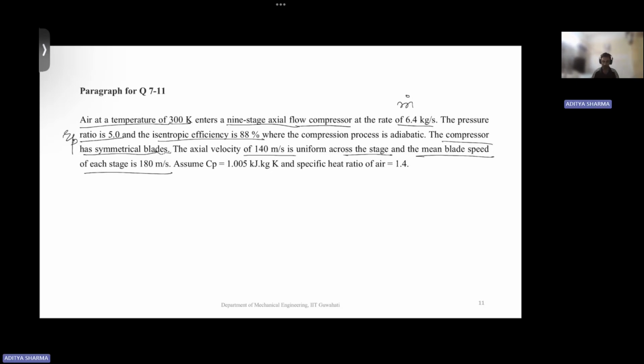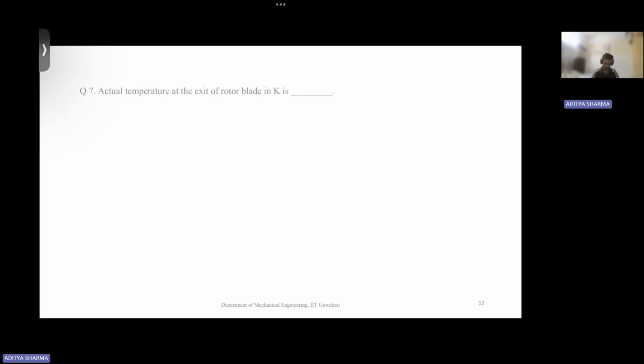So this is mean blade speed. This is specific heat at constant pressure, and this is the specific heat ratio 1.4. Then we'll write down what is given to us and then start solving the questions.